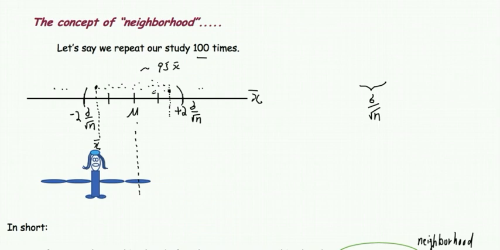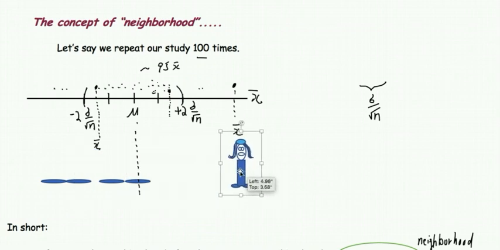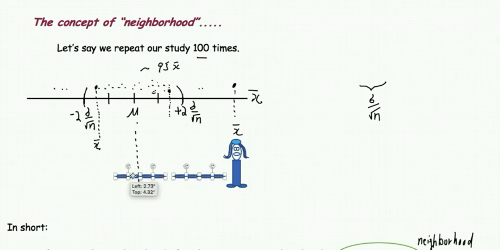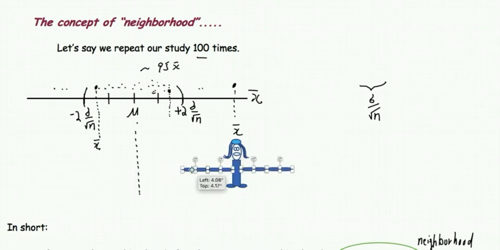Now, but if I'm outside, let's say if my sample mean is here, outside the neighborhood of mu, then you can see what the consequence will be. So I'm here now. So let me see if I drag all this, faster.